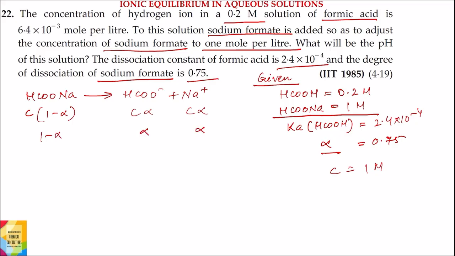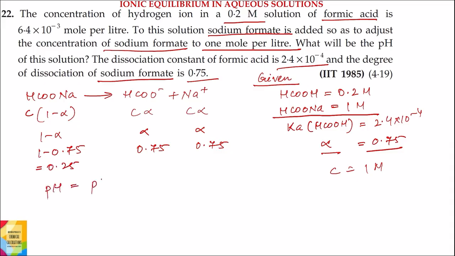Now what is the value of alpha given in the question? It is given as 0.75. So this becomes 1 minus 0.75, 0.75, and 0.75. So 1 minus 0.75 is 0.25. Now what is the formula of pH?